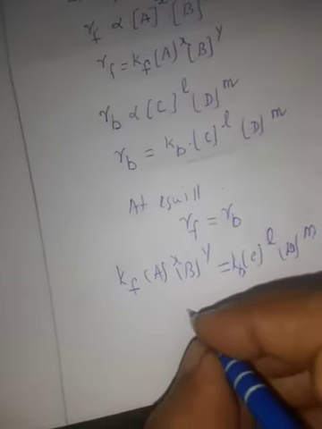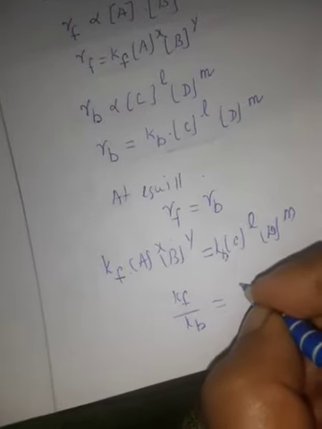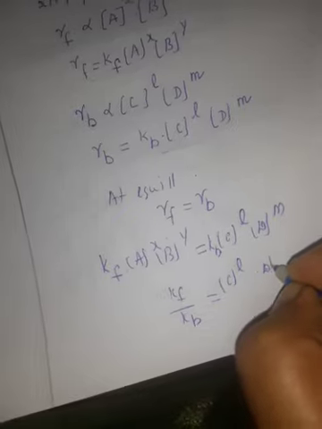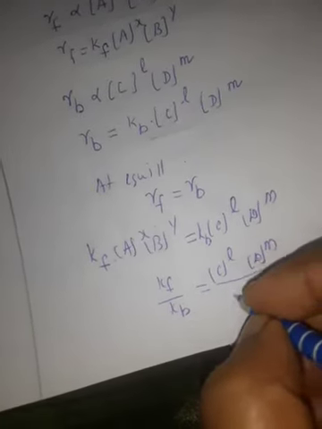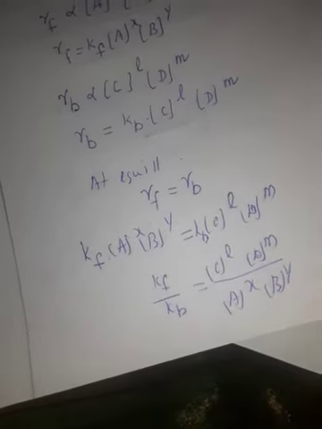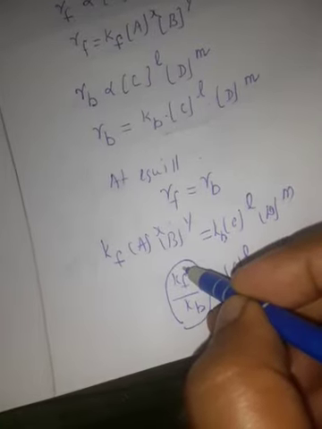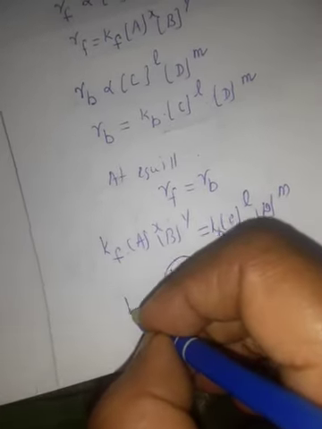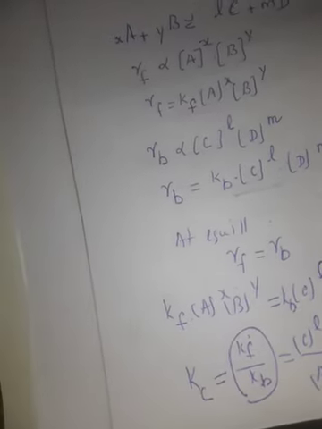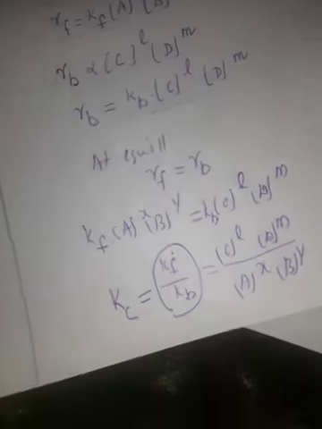So here Kf by Kb equals, this goes up, [C] power l [D] power m by [A] power x [B] power y. Kf by Kb, the ratio of rate constants of forward and backward, is equal to Kc. Kc means equilibrium constant. So, what is equilibrium constant?